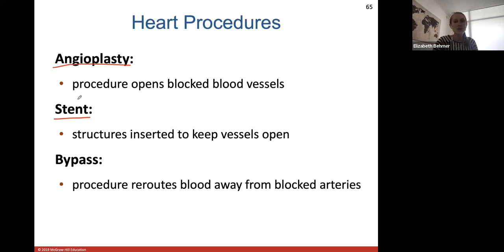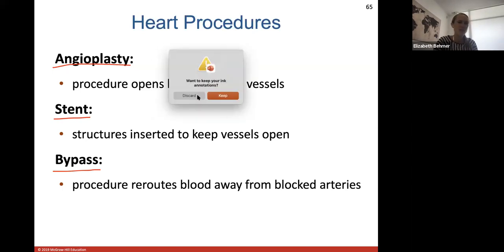If those don't work and there's an actual blockage or clot, you might need bypass surgery. This will use a graft from another artery to bypass or reroute the blood away from the blocked artery. And if that happens 3 times, that's called a triple bypass surgery, which is not a simple procedure. So that's the end of this chapter, taking us through chapter 12.